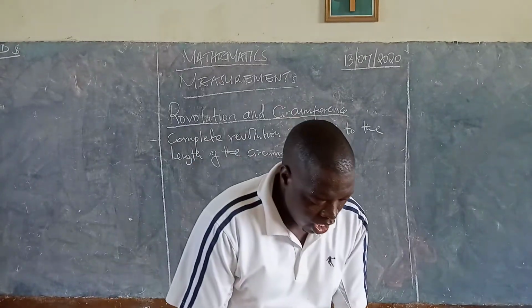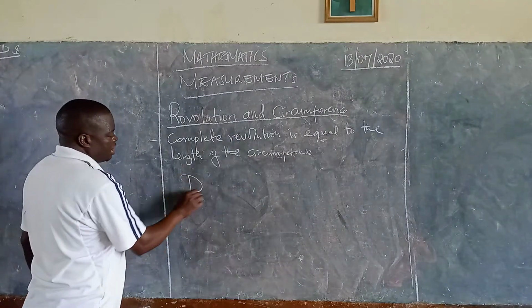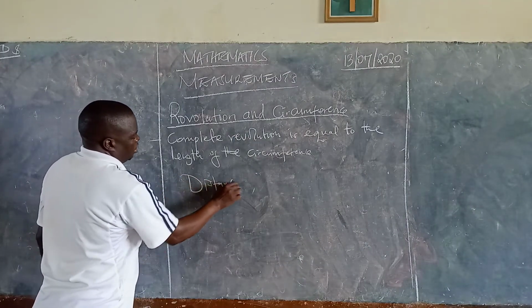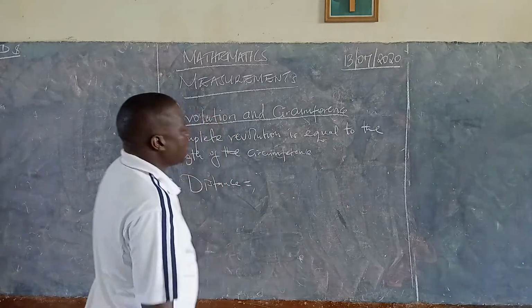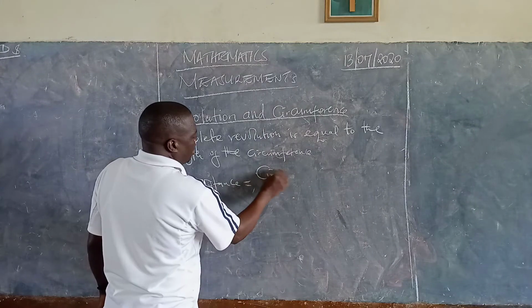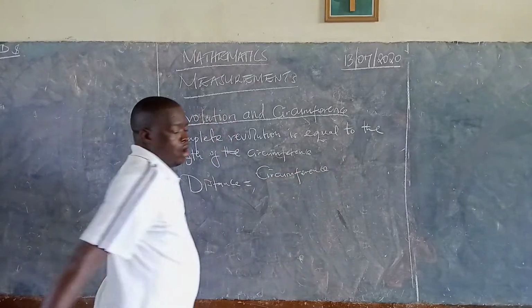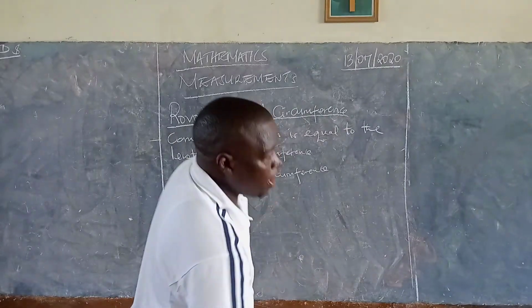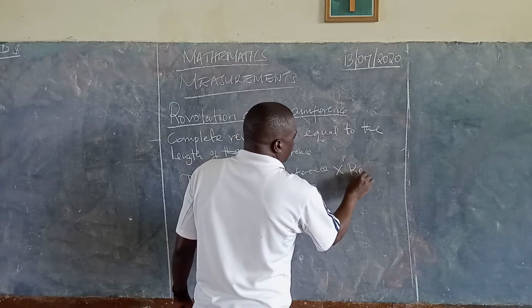Now, how do we find the distance? So distance is equal to the circumference multiplied by the revolutions.